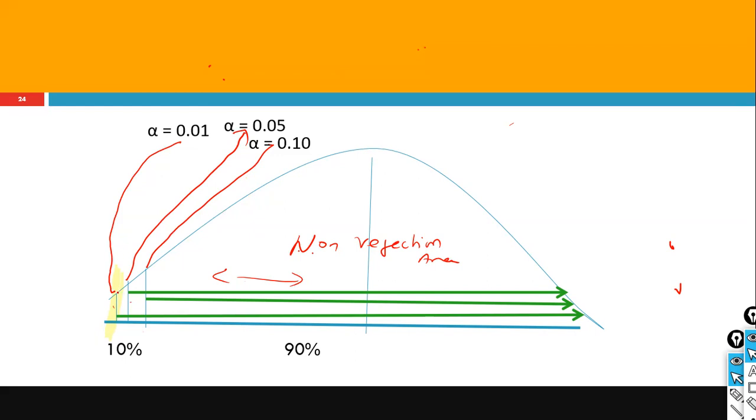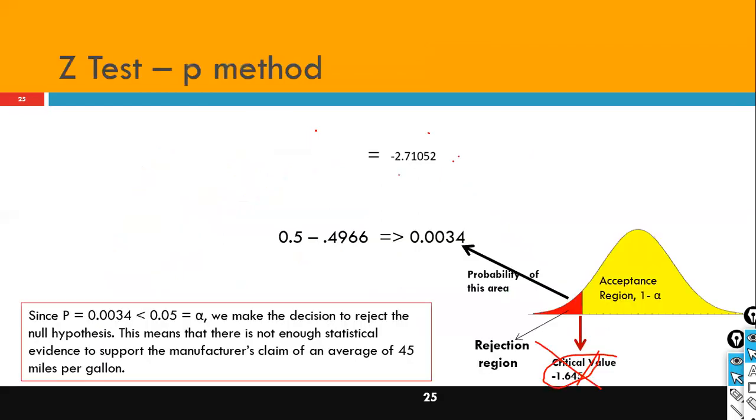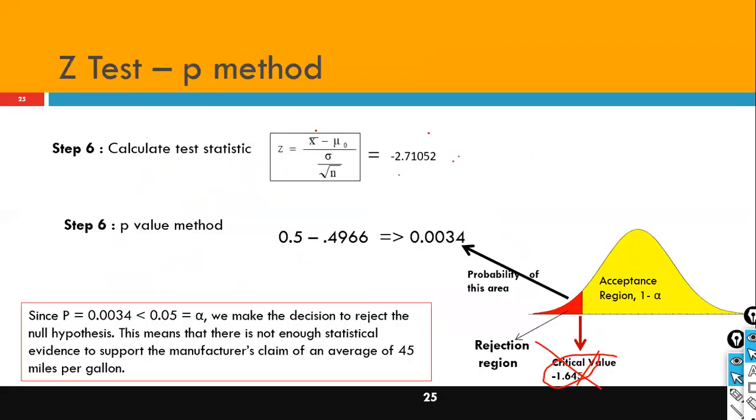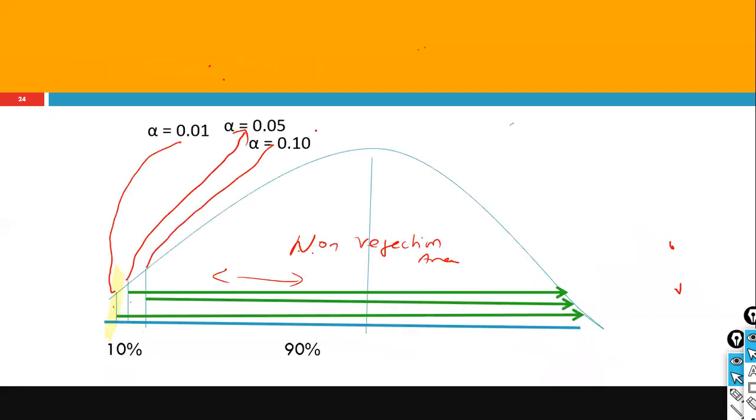That's the reason why we don't want to increase the non-rejection region area size like anything, and also we don't want to reduce the non-rejection region area. So you want to use some optimal value like alpha equal to 0.05. Usually we use alpha equal to 0.05 only. But in case your testing process is very stringent, in that case you'll have to use either 0.01 or 0.1, sorry, 0.1. If it is stringent, 0.1.